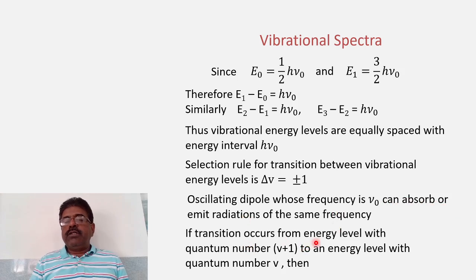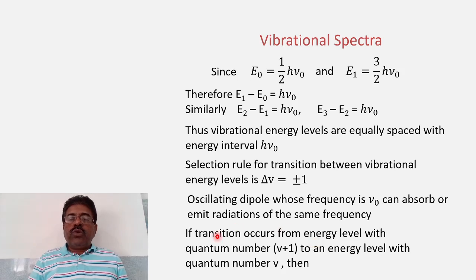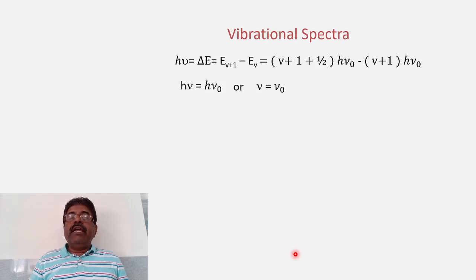Now, let us consider a simple theoretical example. If a transition occurs from a higher energy state with vibrational quantum number V plus 1 to an adjacent lower state with quantum number V, then you will be able to find the difference.